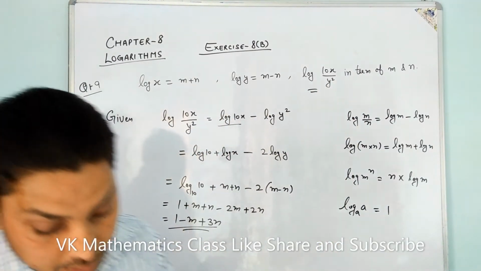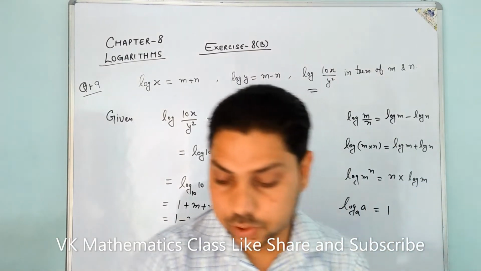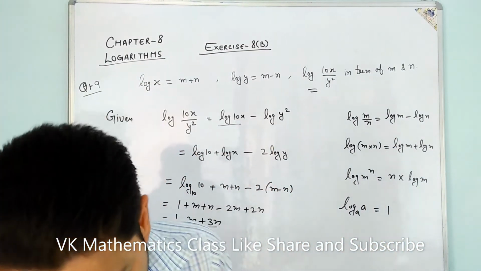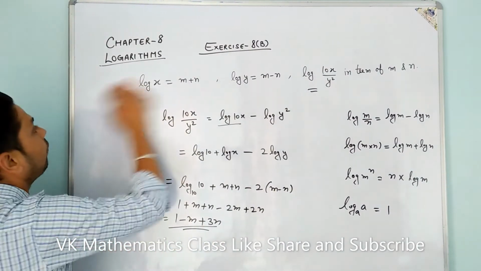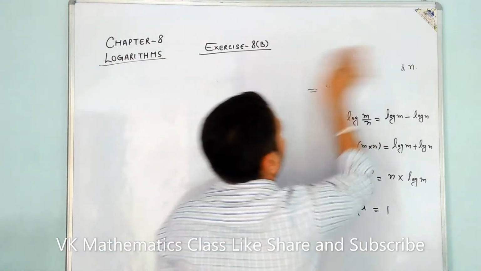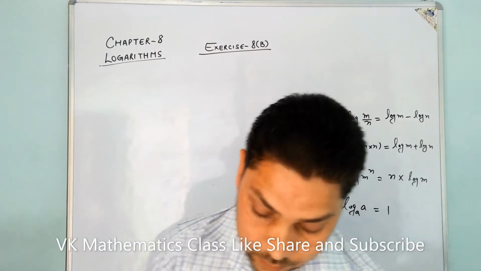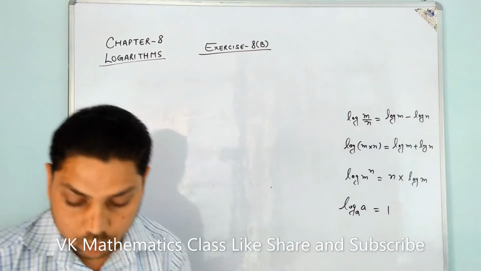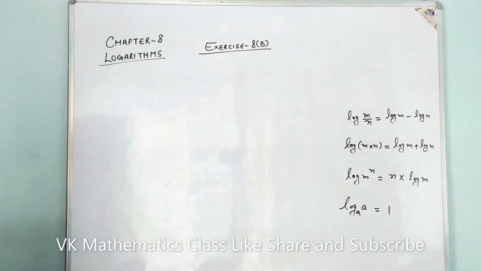Now next, begin with question number 11 on your book. What is given? We have given the value of log of 2 and log of 3 with base 10.